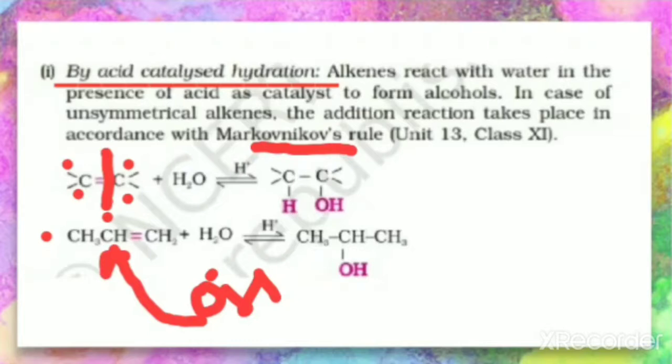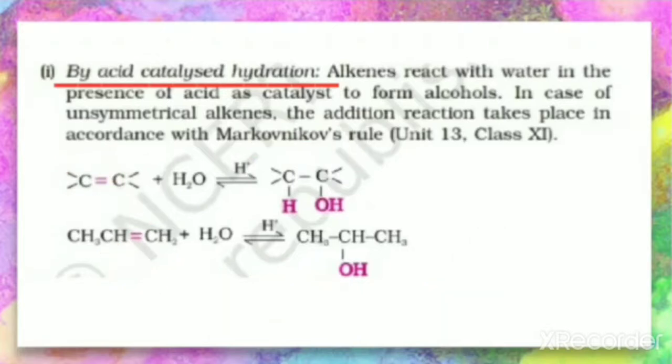When you compare this carbon and this carbon, the middle carbon has fewer hydrogens, so OH gets attached to that carbon and H gets attached to the other carbon. So we get this product. So you have to use the Markovnikov rule during the acid catalyzed hydration of alkene.